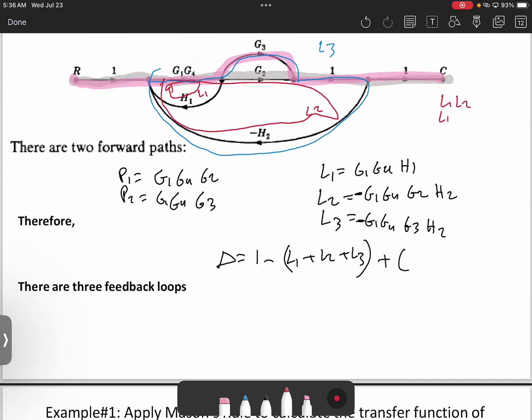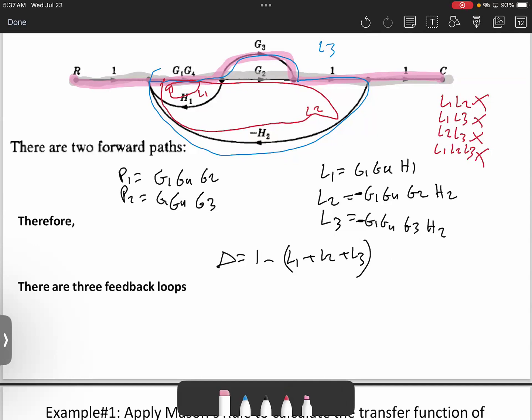L1, L2, L1, L3, L2, L3, L1, L2, L3. L1, L2, are those touching? Okay, erase it. L1, L3, touching, right? L2, L3, touching, right? L1, L2, L3, touching, right? So we will stop here. That's it. That's delta. That's simple.